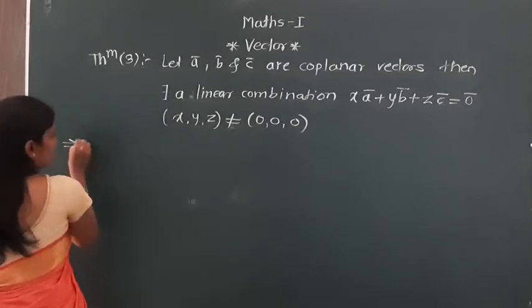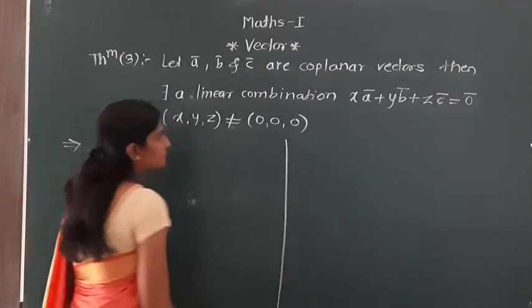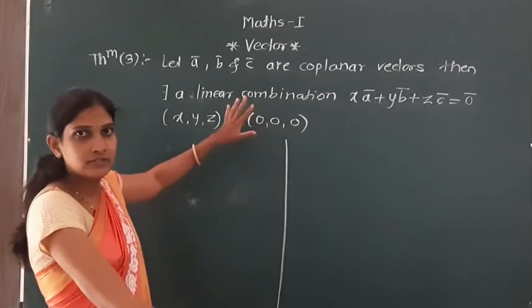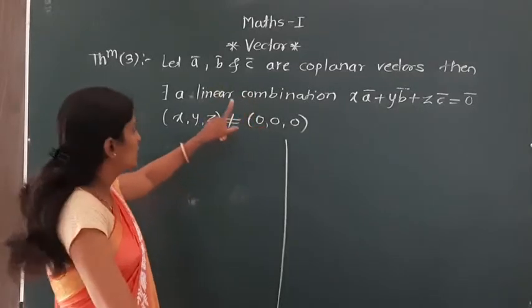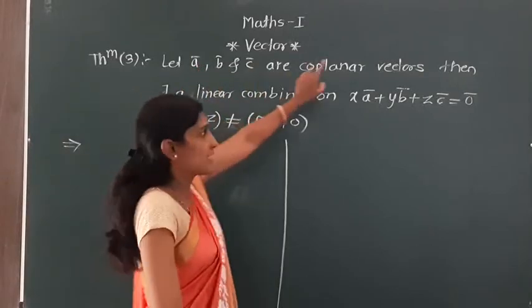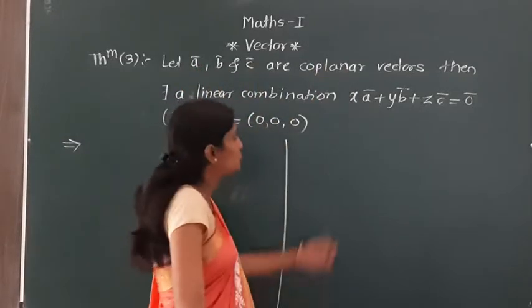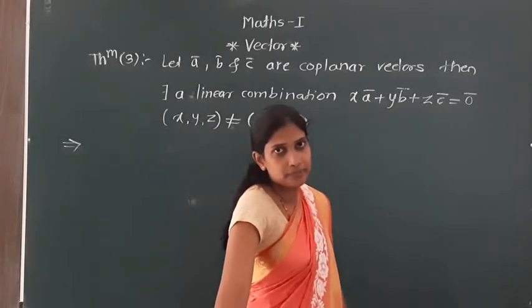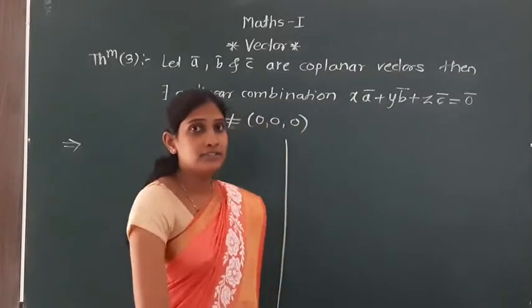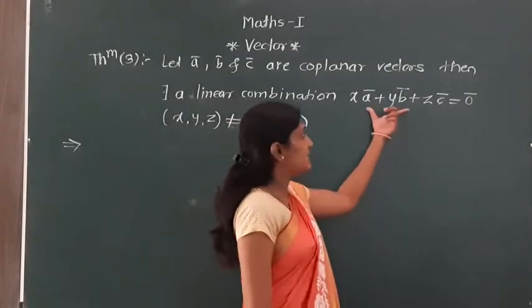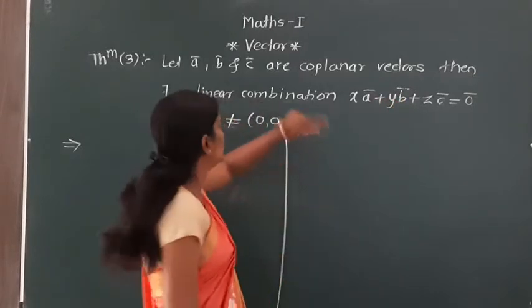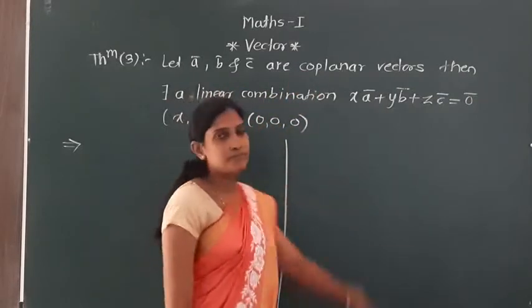What is its proof? It also has two parts. In the first part, we consider a bar, b bar, c bar coplanar, and we have to prove that x a bar plus y b bar plus z c bar is equal to 0 bar. In the second part, we consider x a bar plus y b bar plus z c bar is equal to 0, and we prove a bar, b bar, c bar are coplanar.